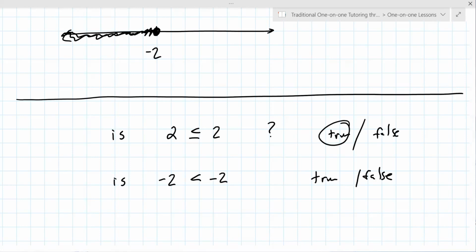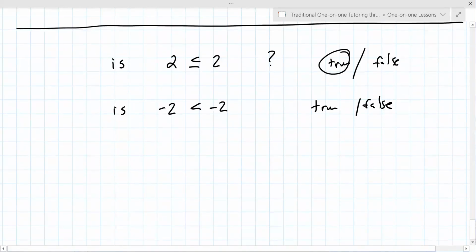Any idea here, or would you just be guessing? I know that answer. That is false. It is false because they're exactly equal. So unless that line is there, it's false.